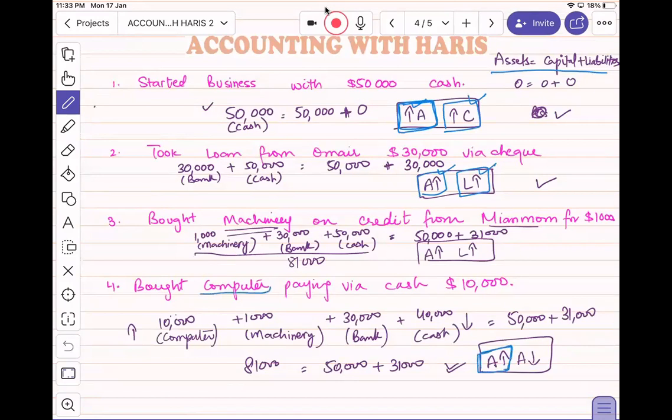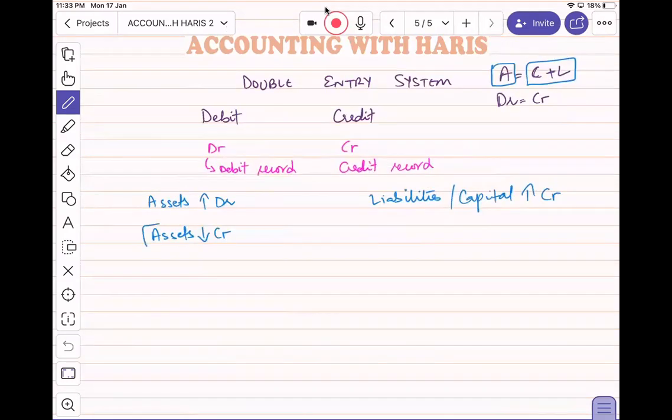We bought a computer, so the computer was increasing, so the computer would get debited. But another asset is being reduced, which is cash. So cash is reducing, so cash would get credited. That is what double entry in accounting is. So if assets decrease, they get credited, and vice versa. If liabilities and capital decrease, they get debited.